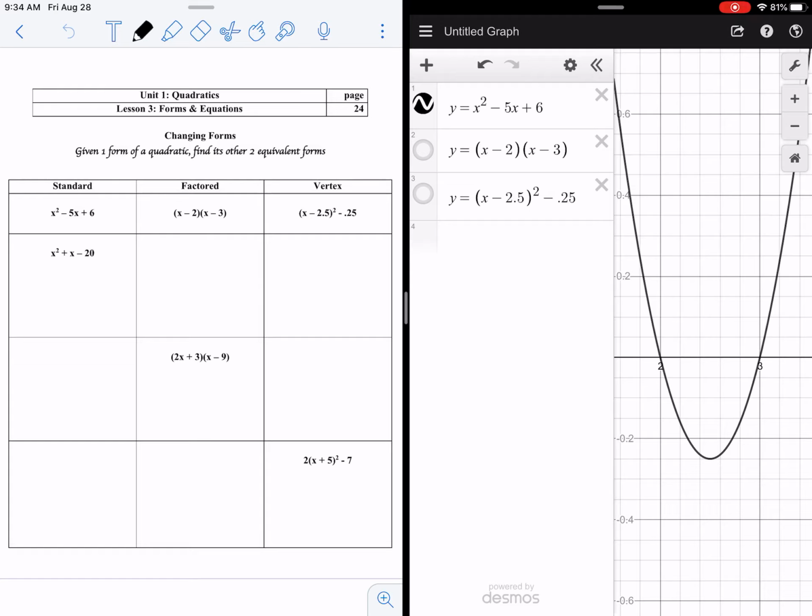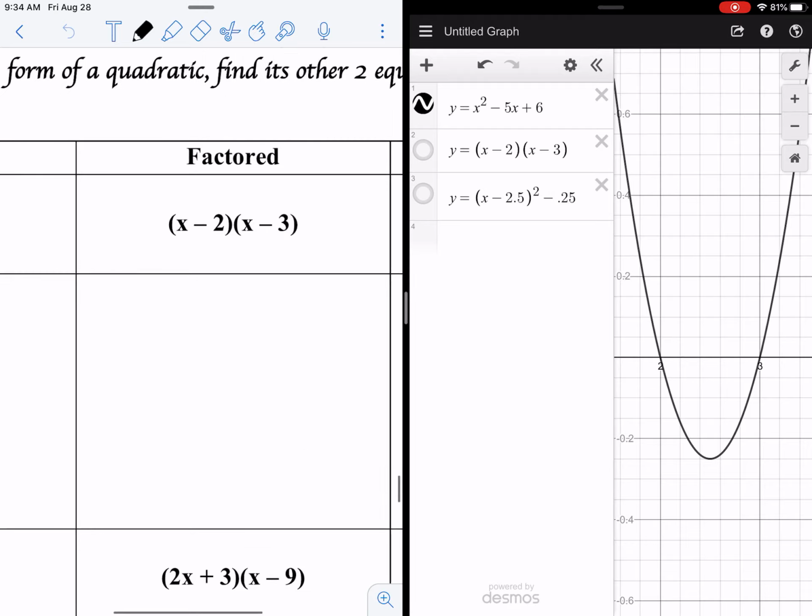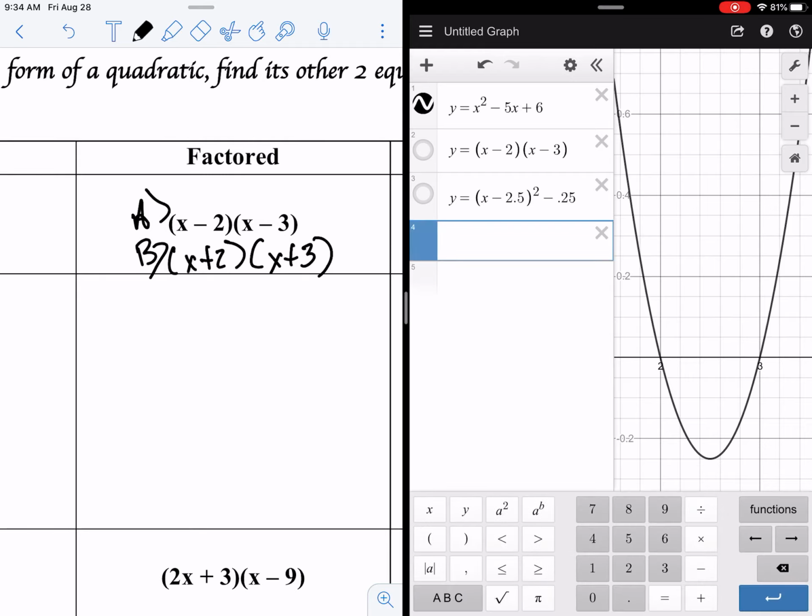And then it says find its factored form, and it's going to give me answer choices A, B, C, D. I'll come in and put another answer. Say this is answer choice A, this is answer choice B, or if it was a true false.